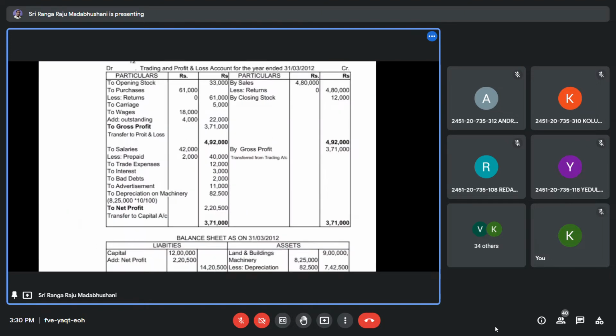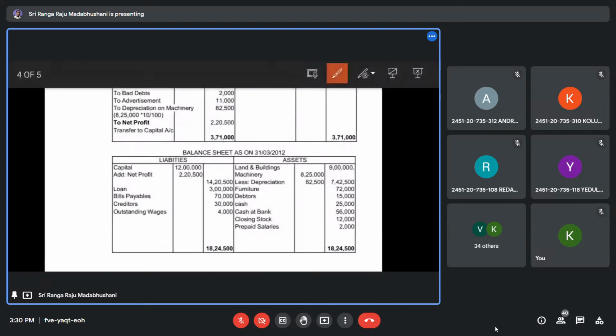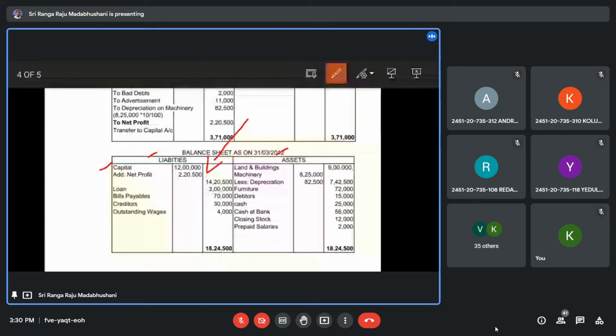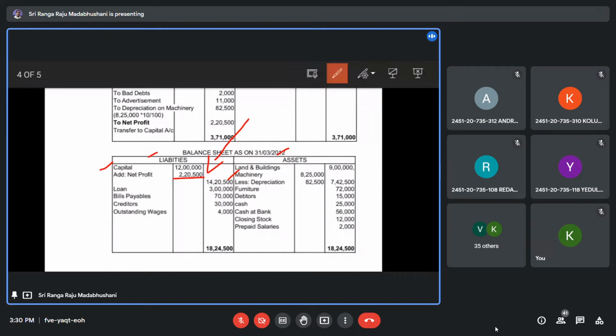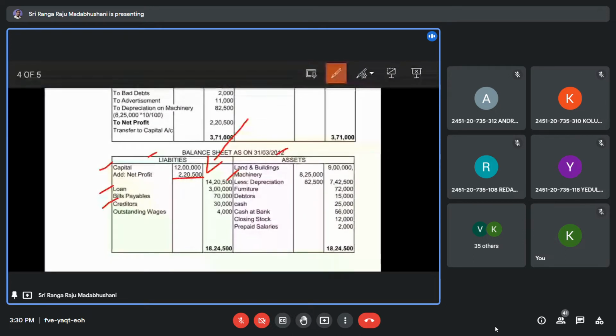Net profit. Then we have to prepare balance sheet as on, with liabilities and assets. On the liability side, first you will write capital. If any drawings, you will subtract; the net profit we earned will be added. Then the credit balances remaining: loan, bills payable, creditors, then the adjustment, outstanding wages. The debit side remaining balances: land and building, machinery, on which there is an adjustment.